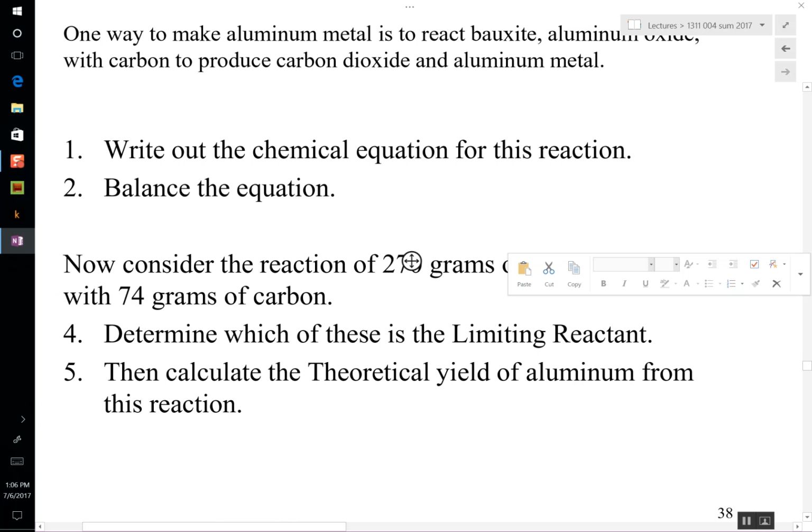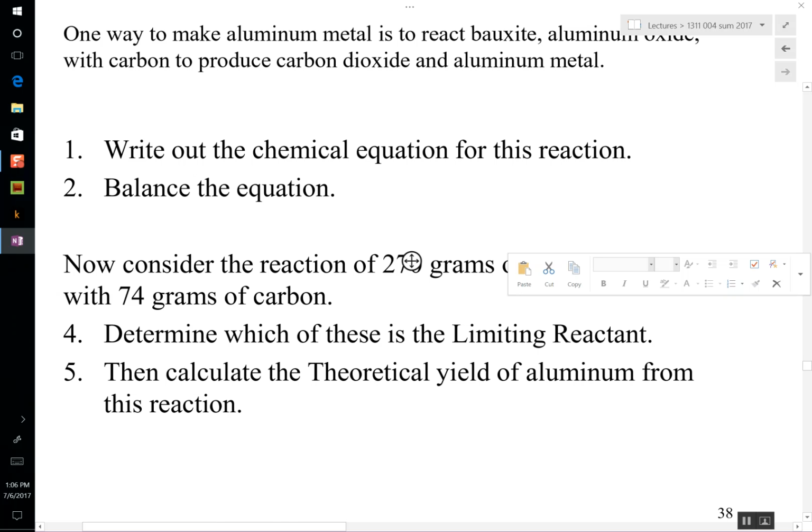Determine the number of moles of aluminum each will produce. Okay, pick a product. Don't say, oh, I'm gonna see how many moles of aluminum I can get from this and how many moles of CO2 I can get from that.